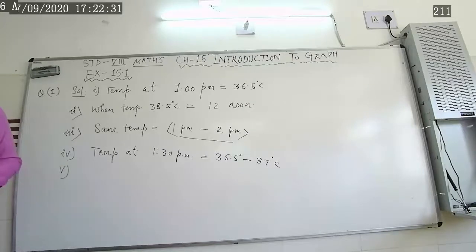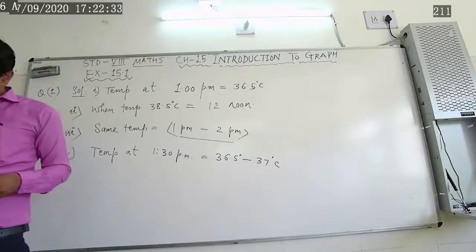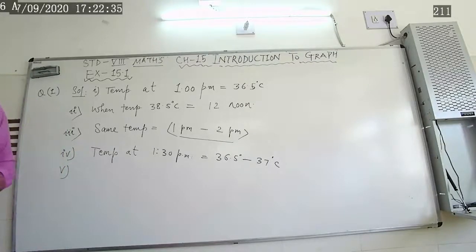Then part number 5. During what period did the patient's temperature show an upward trend? During what period did the patient's temperature show an upward trend? 9 o'clock to 11 o'clock.